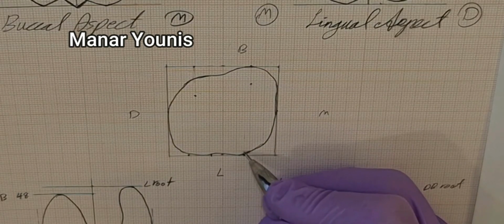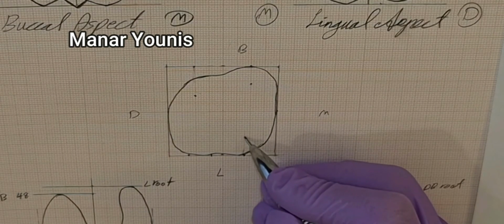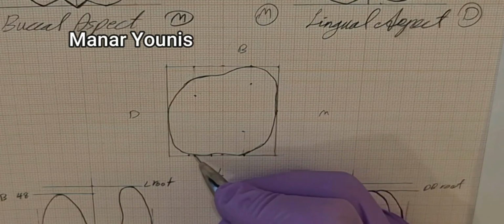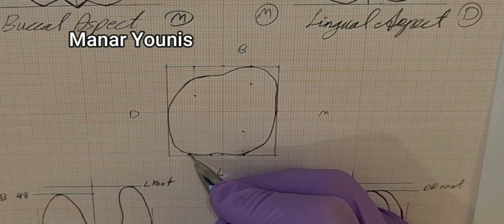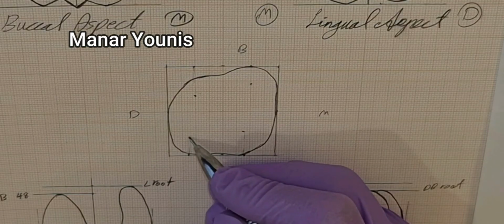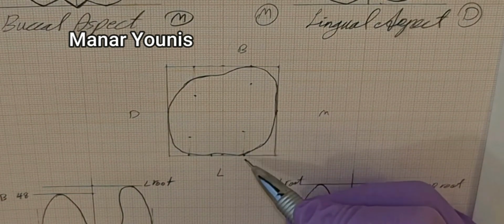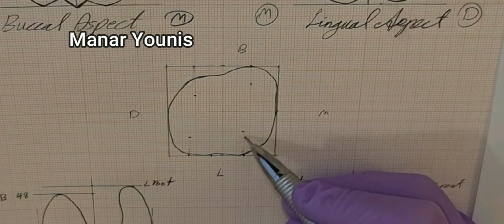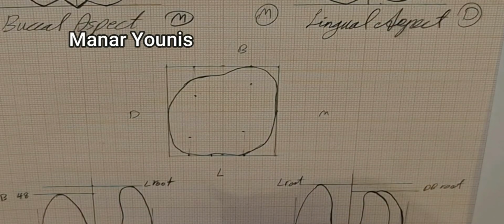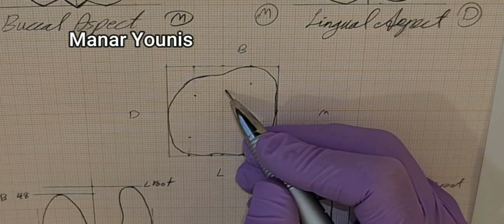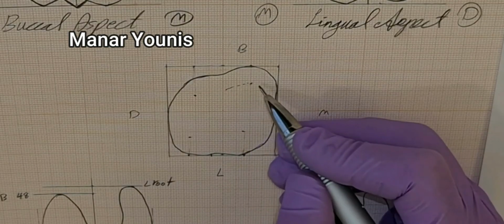I will go from the estimated position 12 millimeters and put a mark. This will be the cusp tip. For the distolingual, I will also go 8 millimeters. So I'll put a mark. So here 8, 8, 8, and here I went beyond the line by 12 millimeters. Now I will connect these points to form the occlusal table.